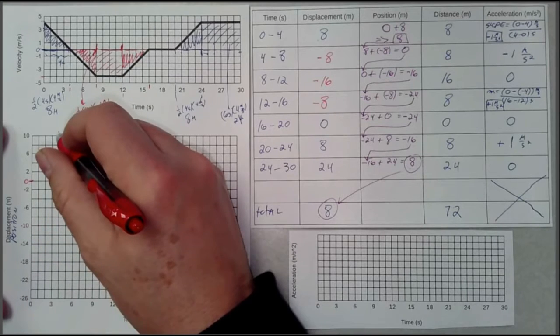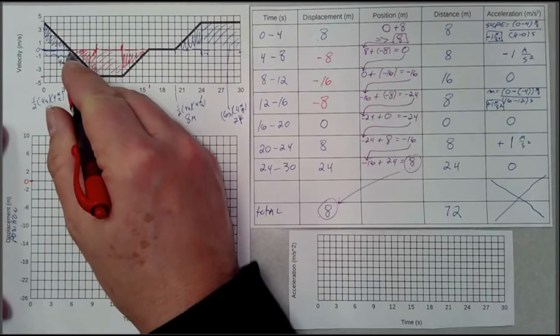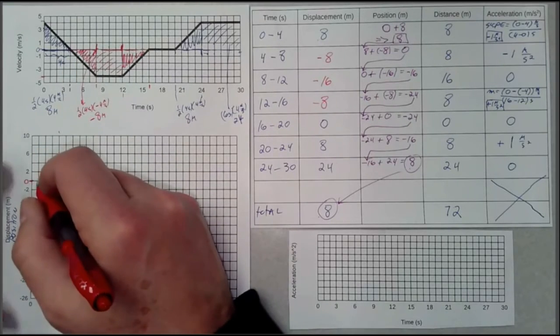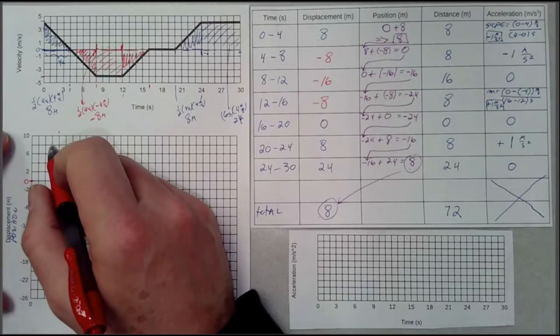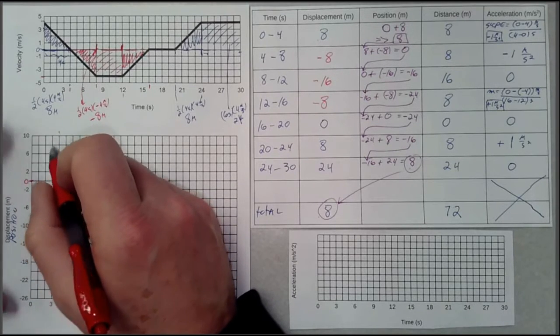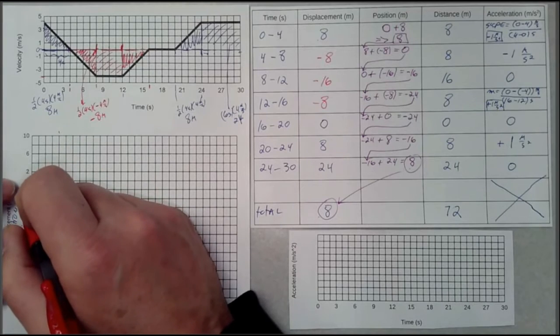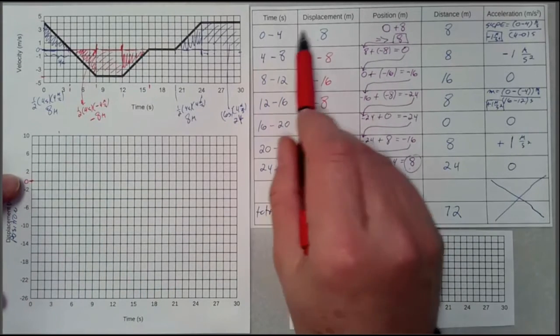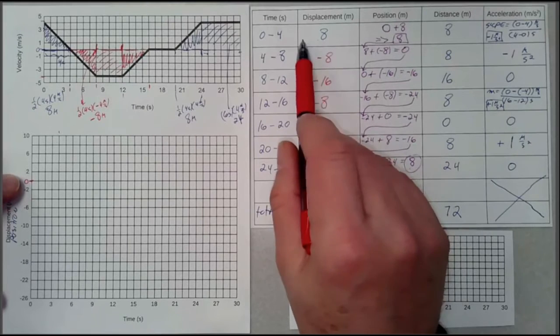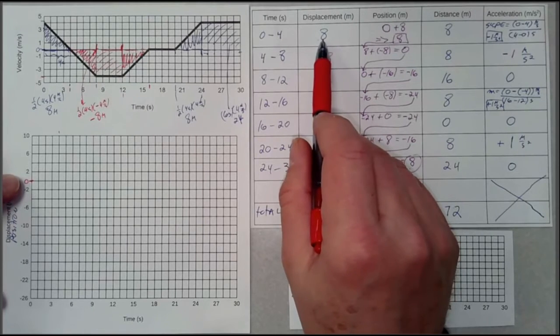It comes to rest and changes direction, right? So whatever my curve is, it has to flatten out at that time to show that it comes to rest, right?